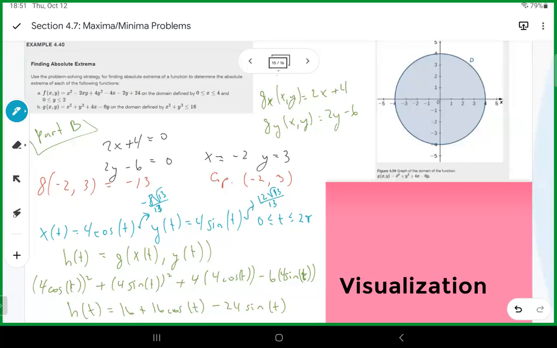Okay. So then that would give us a critical point at that. So this gives us another critical point at negative 8 square root of 13 over 13, comma 12 square root of 13 over 13. Right?